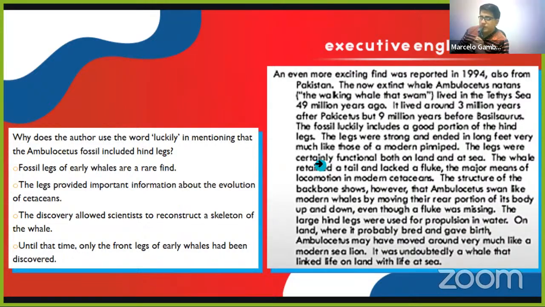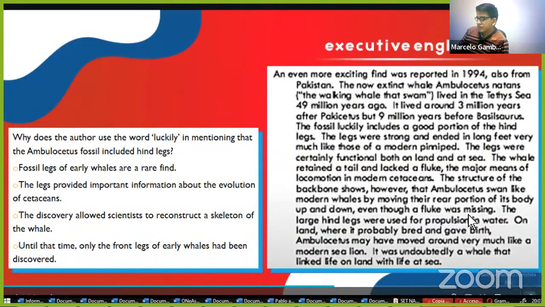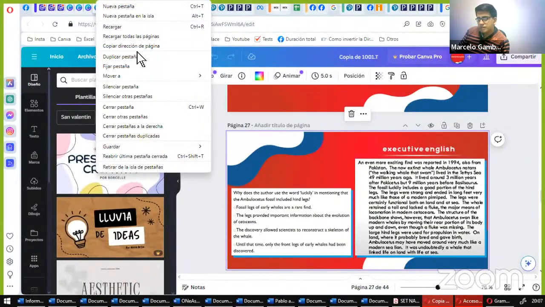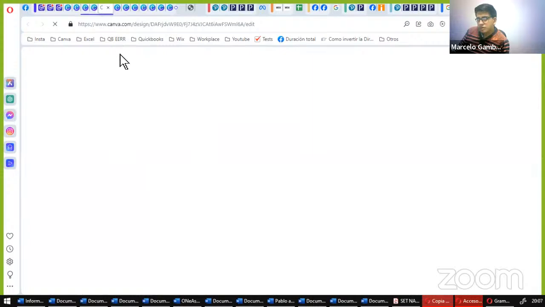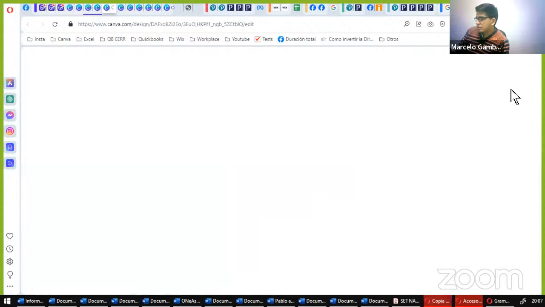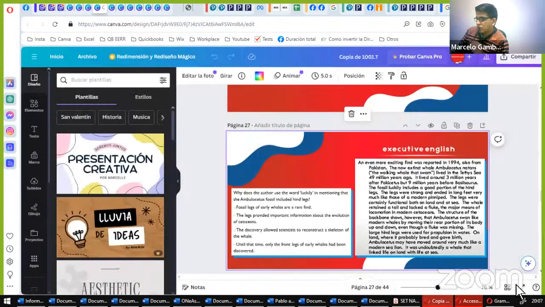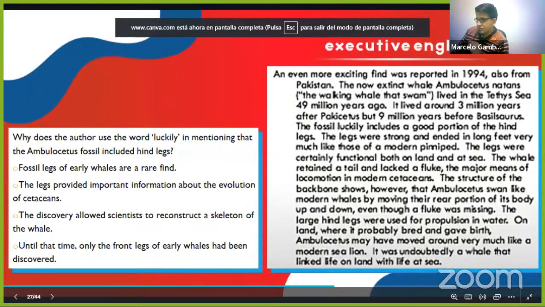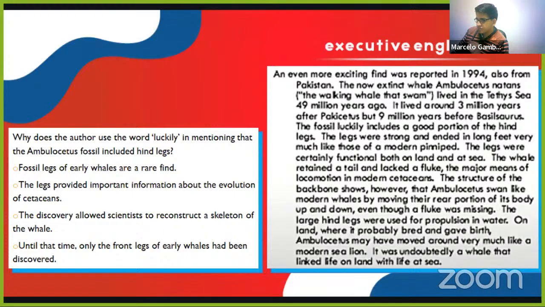Thank you very much. Okay, so the question is, why does the author use the word luckily, mentioning that the Ambulocetus fossil includes hind legs?